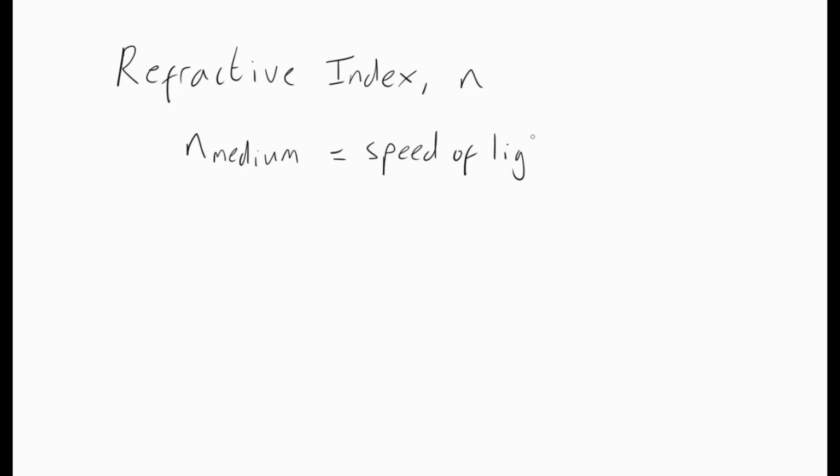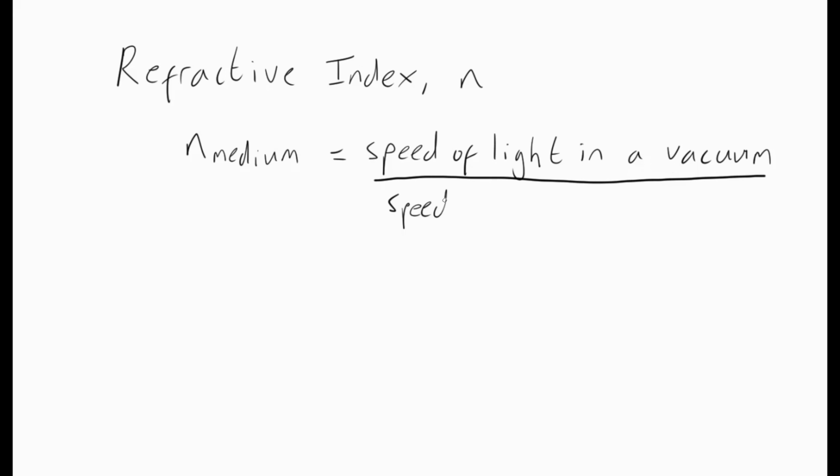Now the speed of light in a vacuum is the fastest thing there is. So we get this number and we divide it by the speed of light in the medium. So it's the speed of light in a vacuum divided by the speed of light in that particular medium.